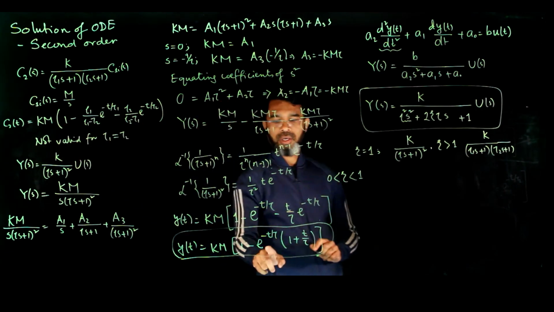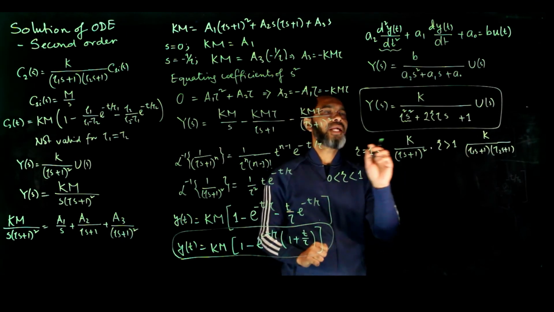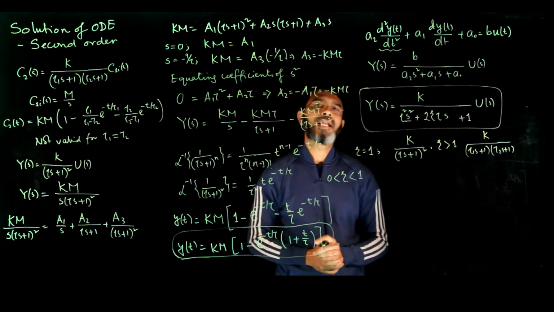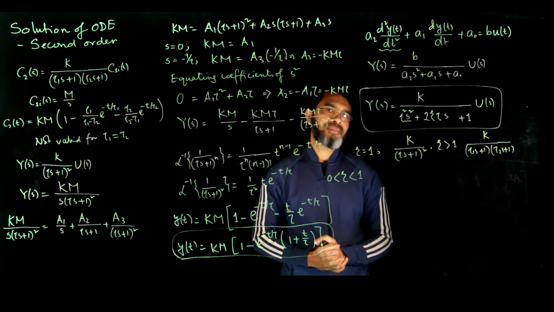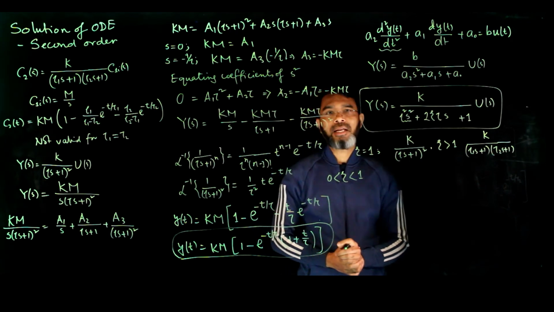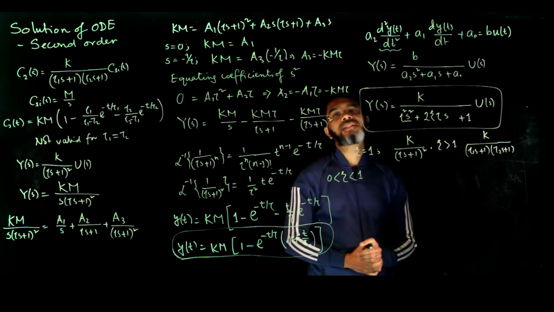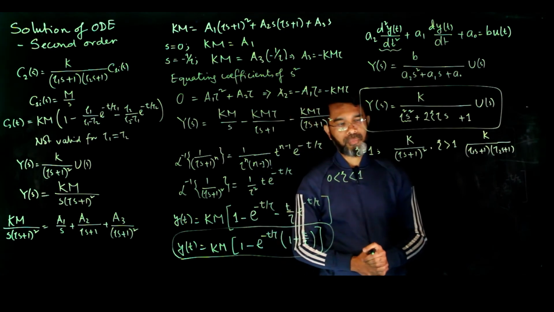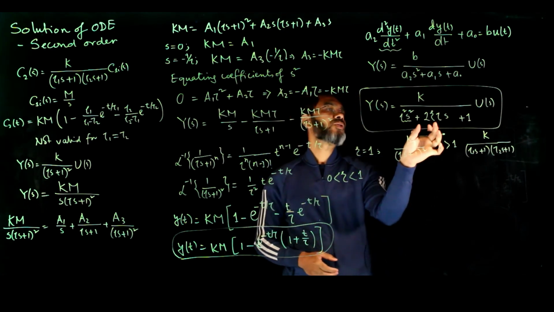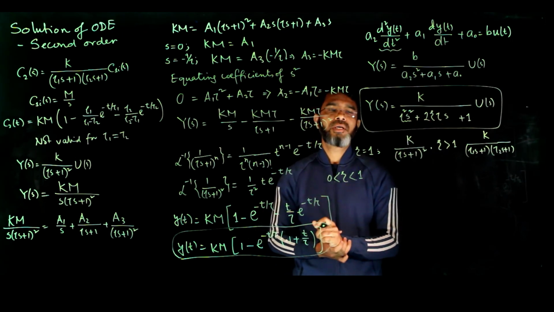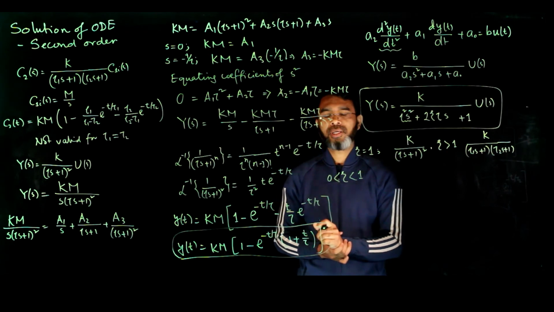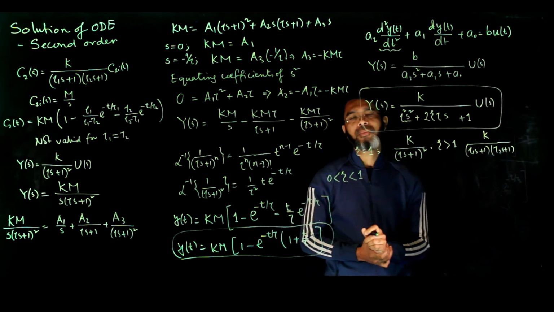When s has both real and imaginary parts, there is a sinusoidal component. Now what happens when xi is between 0 and 1?